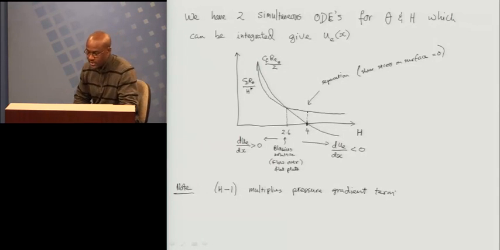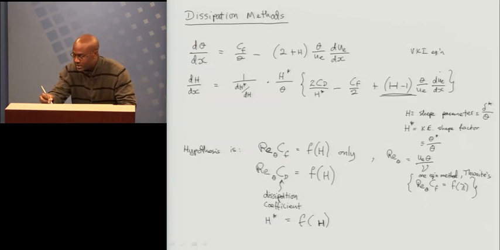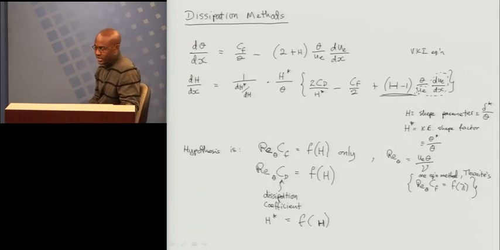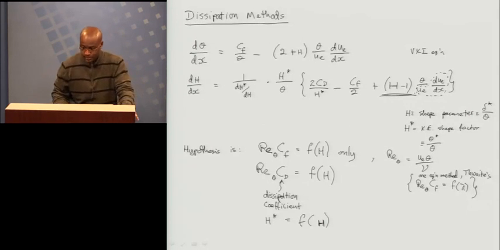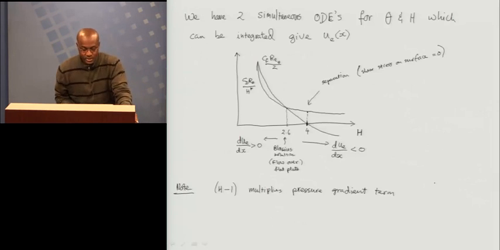Just in case we forgot, remember we got this term here by applying Bernoulli's equation for the conditions that we're looking at, and we could relate the pressure gradient to this particular term. So it's this times our pressure gradient term.